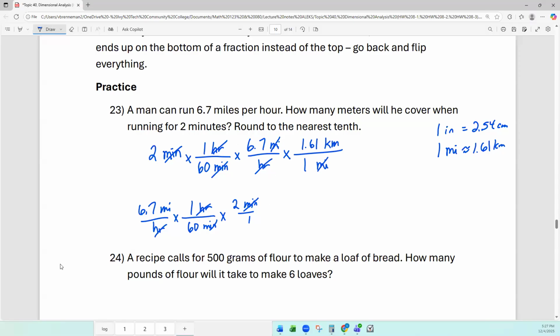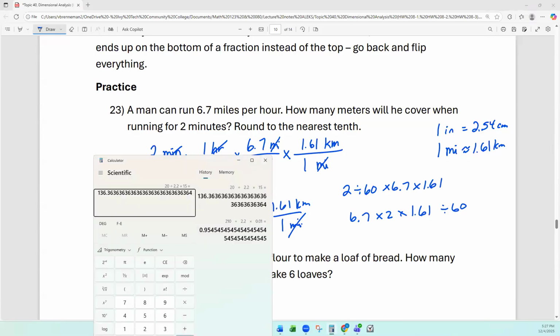So I'm taking 2 divided by 60 times 6.7 times 1.61, or you could do 6.7 times 2 times, so these don't have to be next to each other for the miles to cancel, but times 1.61 divided by 60. So the order you do this in doesn't matter as long as the 60 is the only thing that you're dividing by. Everything else is being multiplied.